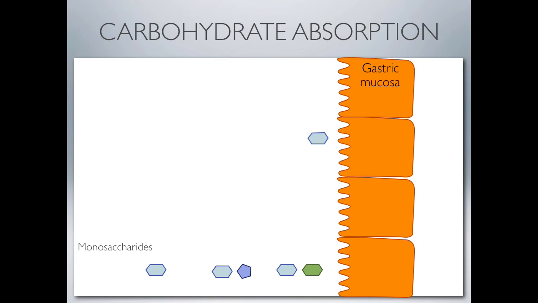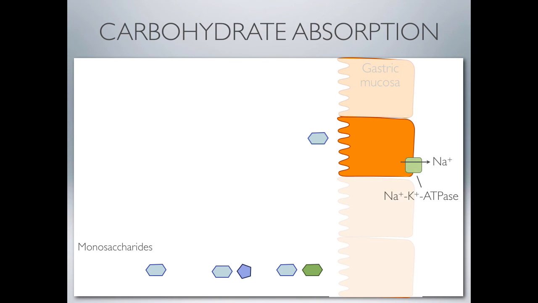We already way early in this course talked about glucose transport. We did it more in detail back then than we're going to do now, where we had the primary active transport, the sodium potassium ATPase right there, creating a sodium gradient. Then we have a co-transporter that makes use of the sodium gradient, allowing the glucose to enter into the cell, where it can then exit via facilitated diffusion.